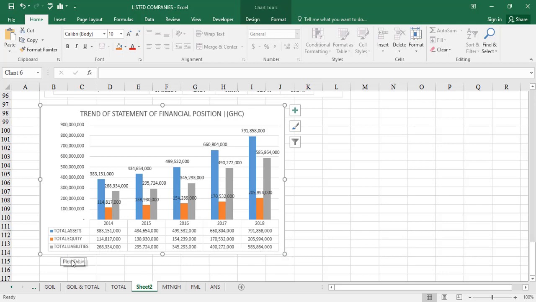And in liabilities, realize that it has been increasing at a very high rate. The company has added about 300 million Ghana cedis of liabilities from 2014 to 2018, from 268 million Ghana cedis to 585.8 million Ghana cedis. So this has been the trend of the company's statement of financial position.